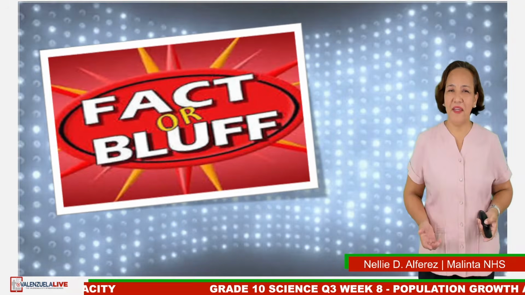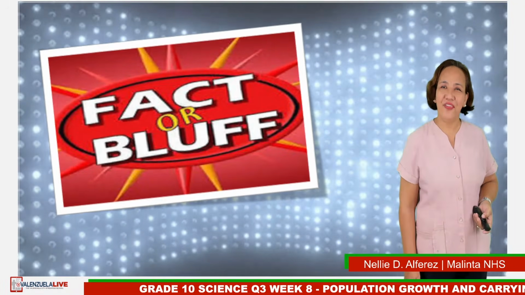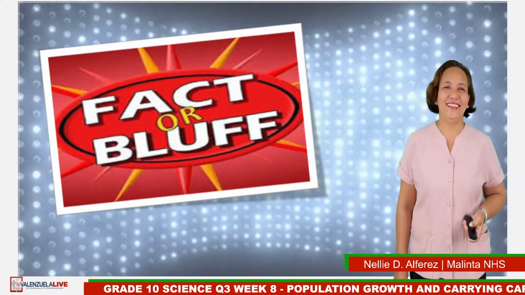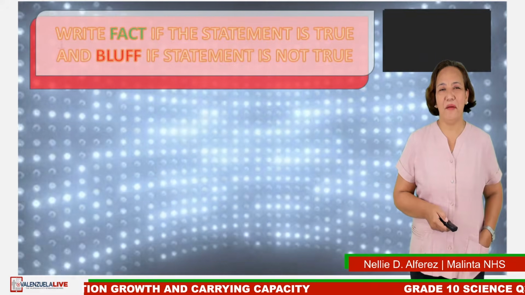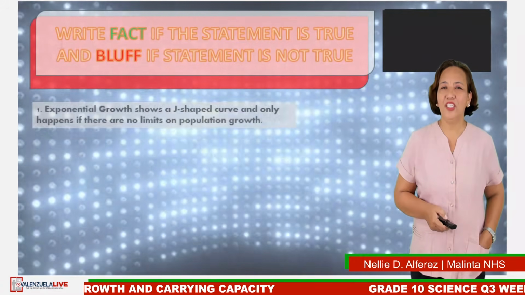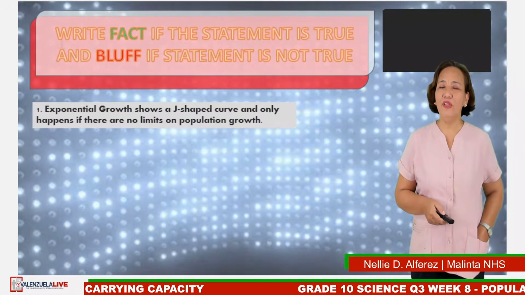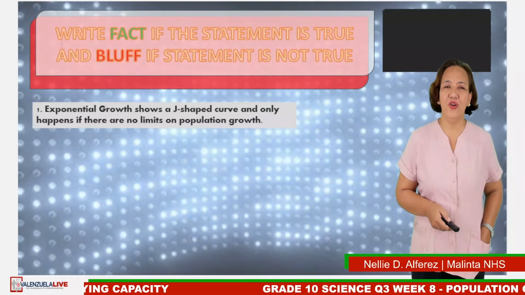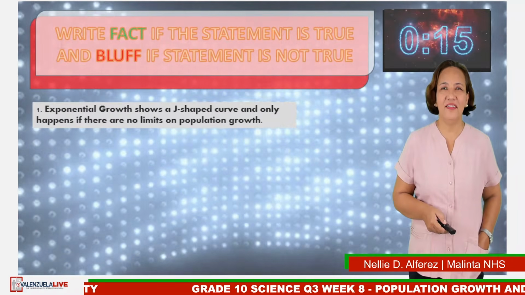You will be given time to answer the given numbers. All right, so let us start with number 1. Exponential growth shows the J-shaped curve and only happens if there is no limit on the population growth. Timer starts now.